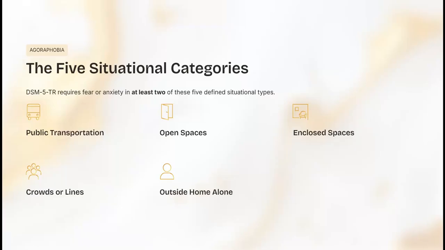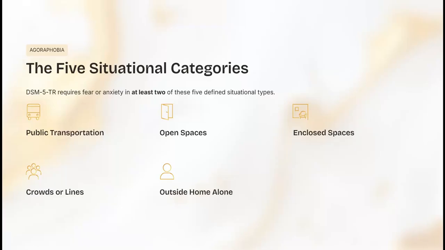Crowds and lines, where escape feels socially or physically constrained, can also make them anxious. And then being outside the home alone, without a trusted companion, where there's nobody that can help them, can amplify their sense of danger.